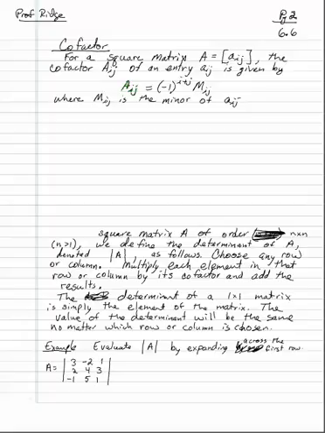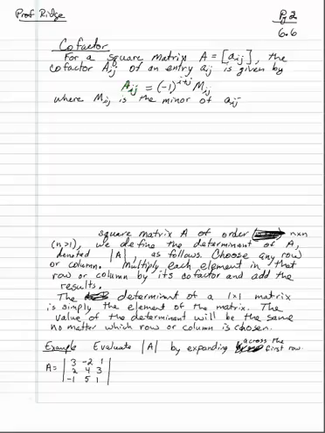If you add the i and j together and it's even, you get a positive number. If it's odd, you get a negative number. And then times the minor M sub ij, the minor of A sub ij.